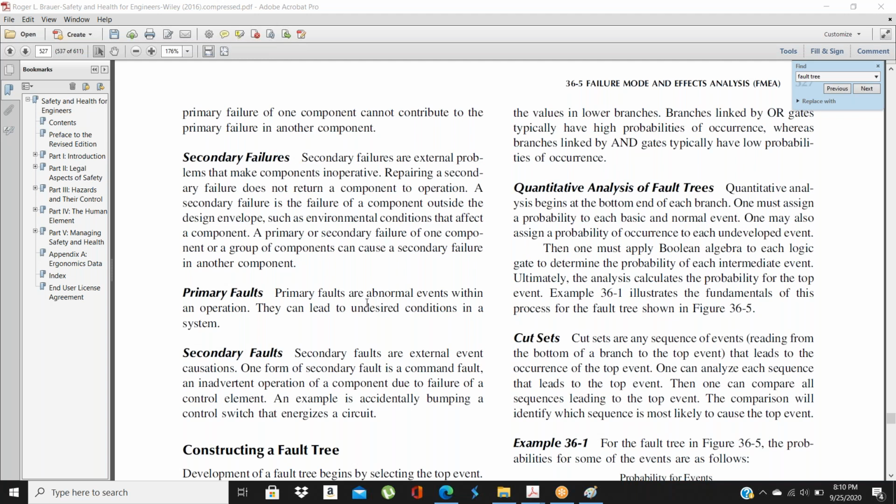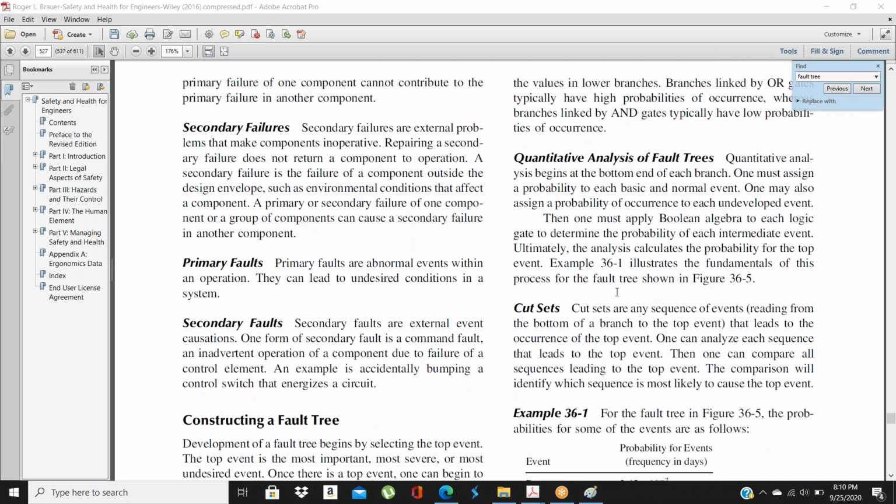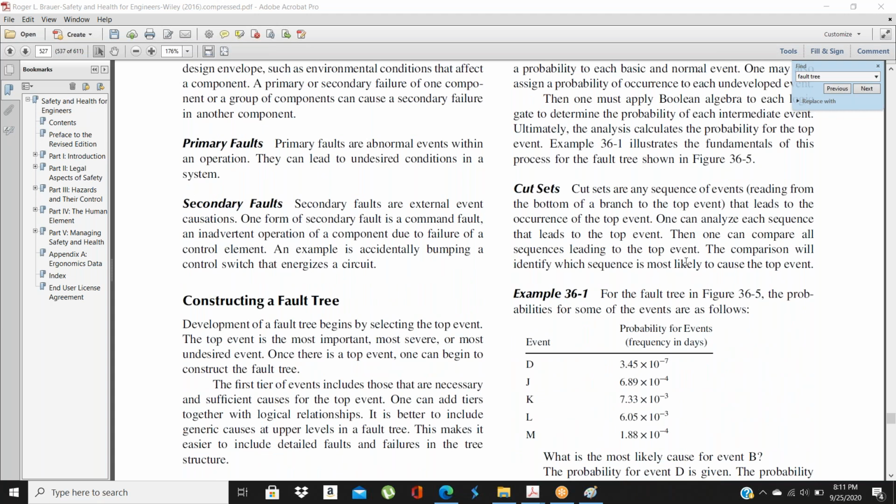The minimum cut set. Cut sets are the minimum events, or the probability, due to which the output event is occurring. We need to calculate the minimum probability for that.